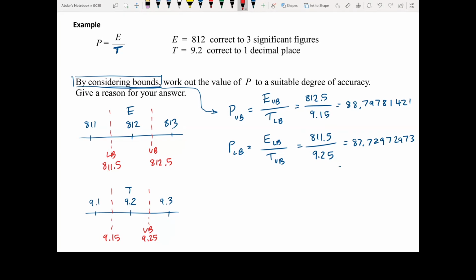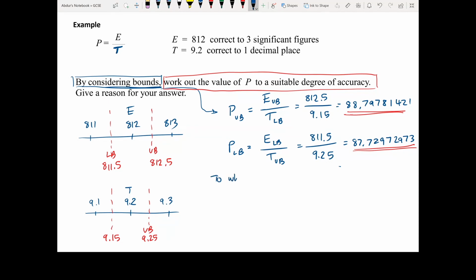And what this basically means, this second part of the question, by considering a suitable degree of accuracy, essentially means if we look at both the upper bound answer and the lower bound answer, to what decimal place are both numbers the same?